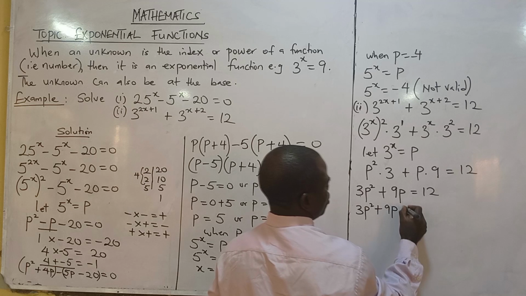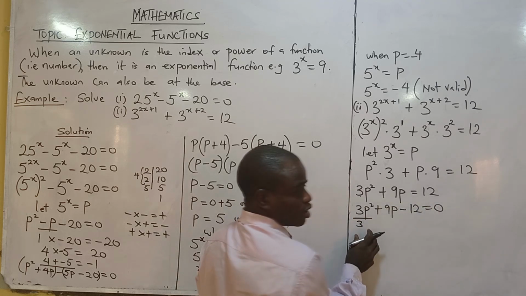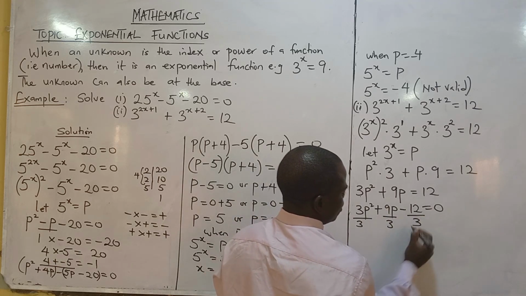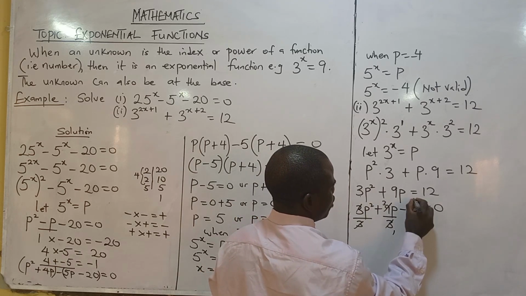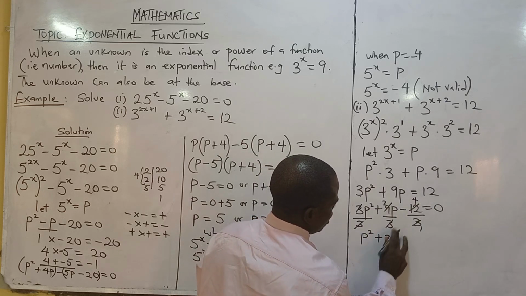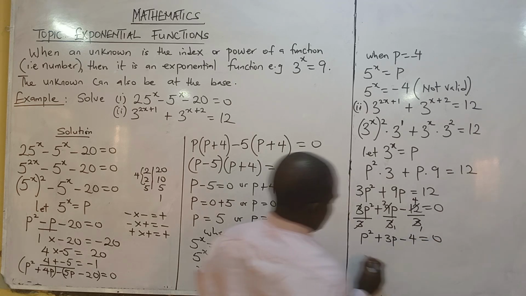Bring this 12 across the equal sign down to minus 12 equals 0. Divide through to reduce to the simplest form. Divide by 3: 3 cancels 3, 1; 9 divided by 3 is 3; 12 divided by 3 is 4. You're having p squared plus 3p minus 4 equals 0.